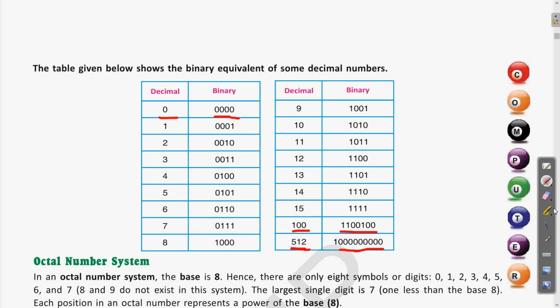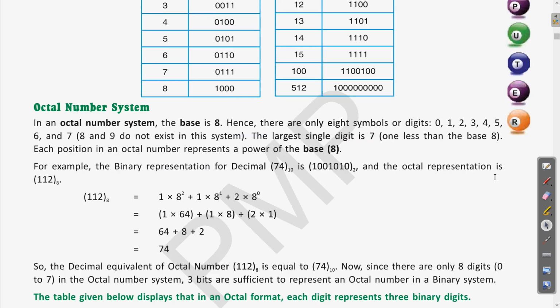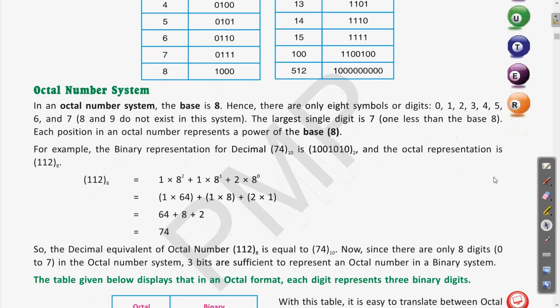Okay, now let us move to the next, that is the octal number system. As previously we have seen the decimal and binary, according to the base, the digits are used. So in the octal number system, the base is 8. Clear? So in the decimal the base was 10, in the binary the base was 2, and in the octal the base is 8.